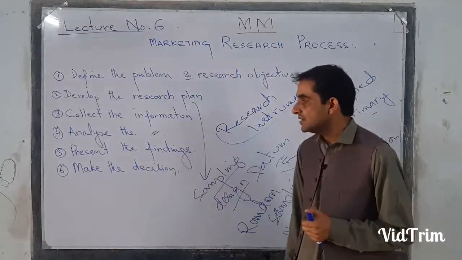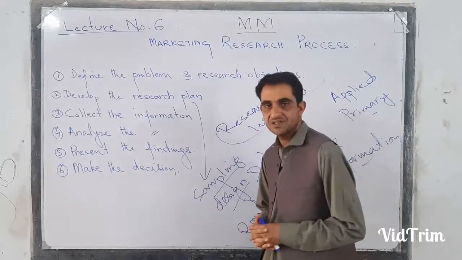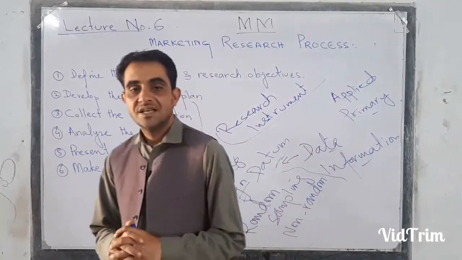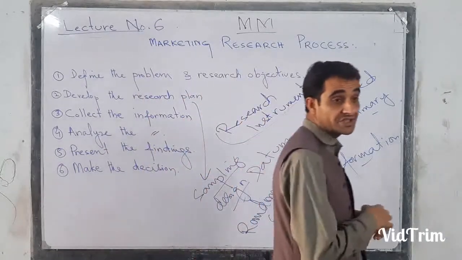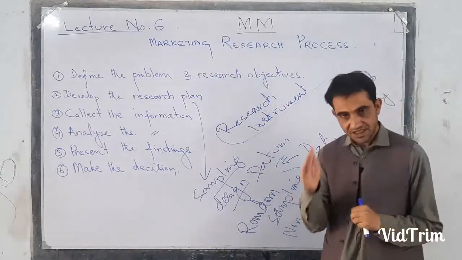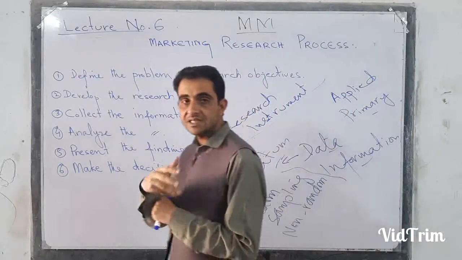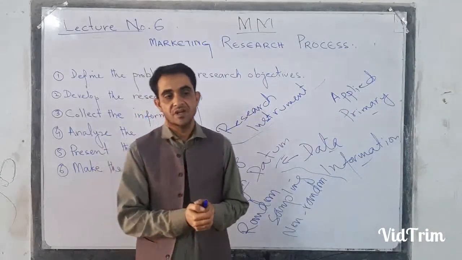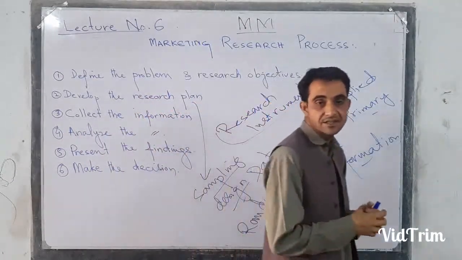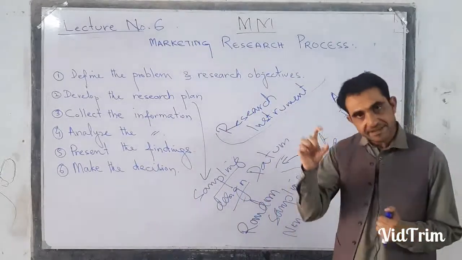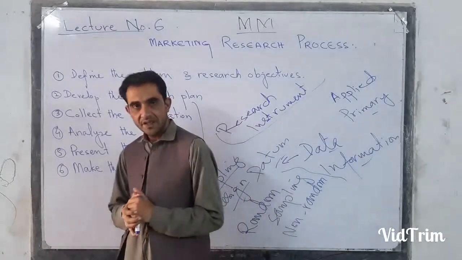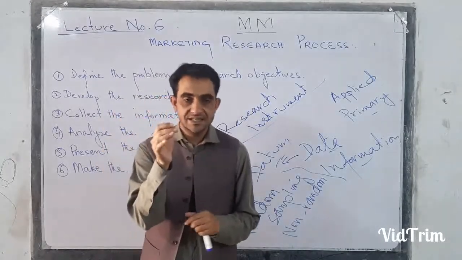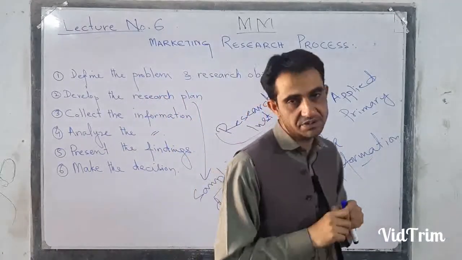Then we are analyzing the data. In analyzing the data, we are using different types of tests which you have studied in your statistics: t-test, z-test, regression, correlation, frequency, percentage. Different methods are used to analyze the data. This is the most important and difficult step.